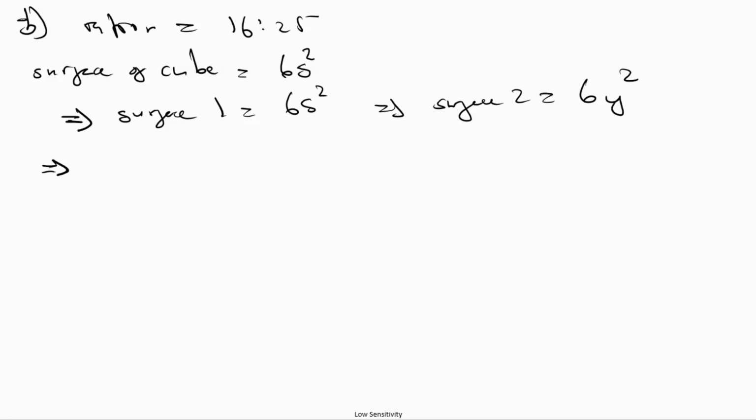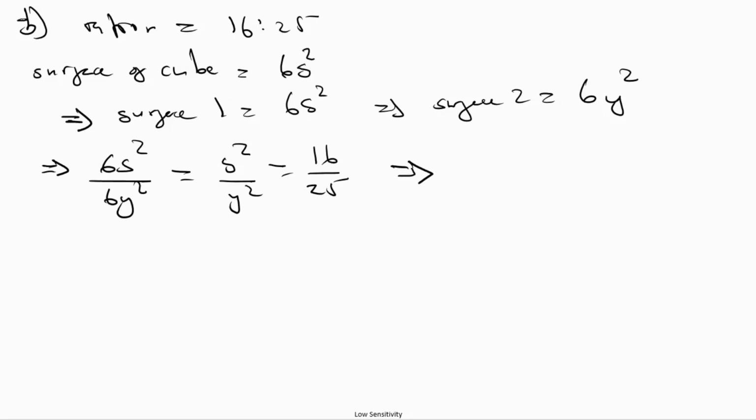The smaller cube is going to be 6s squared over 6y squared, which is the same as s squared over y squared equals 16/25.